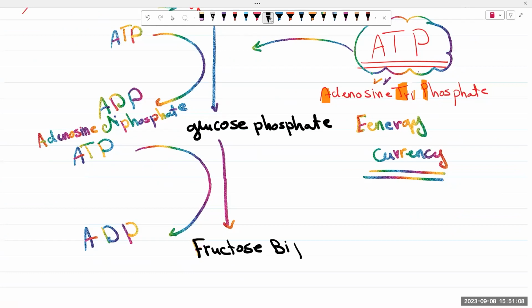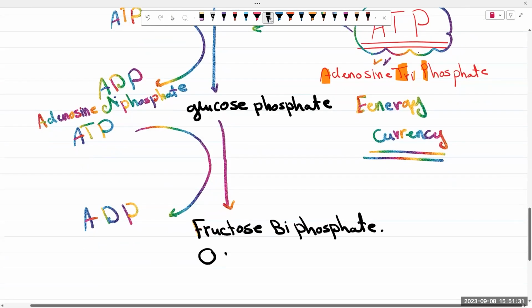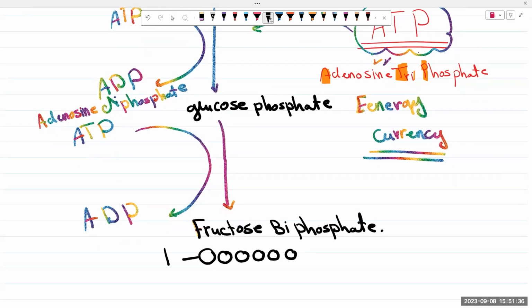bisphosphate. Glucose and fructose, as we had in AS level, are isomers of each other. They have the same number of carbons, a 6-carbon molecule bonded to 2 phosphate groups. Here is one phosphate, here is one phosphate.